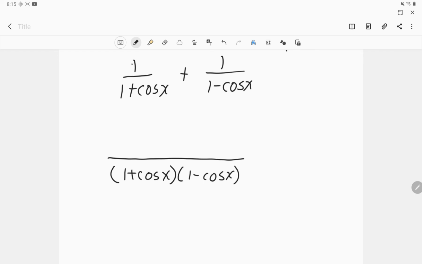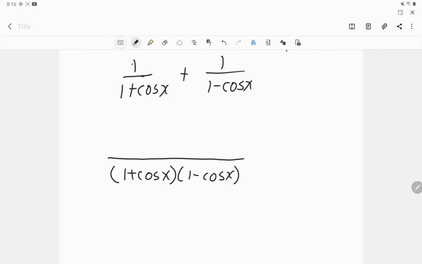I can't get rid of the denominator because there's no equal sign. It's not an equation, so I can't cancel them out because there's no other side to deal with. What I can do is get this common denominator.